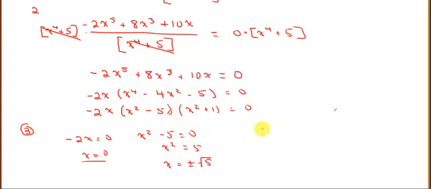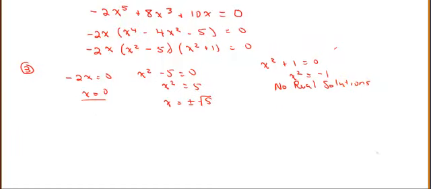And then finally, x squared plus 1 equals 0, or x squared is equal to negative 1, and so there are no real solutions. So we have our values of x: 0, negative square root of 5, and square root of 5.